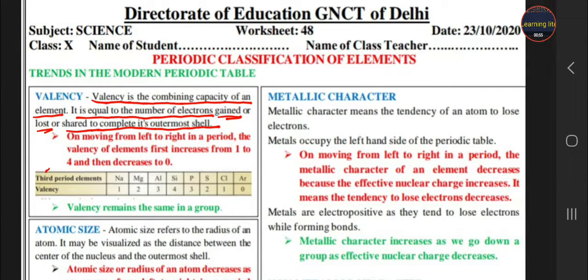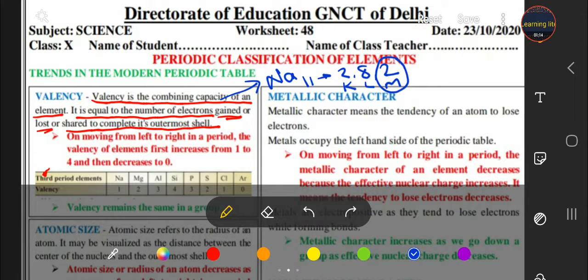For example, sodium. If we see the example, sodium has atomic number 11. If we distribute it, 2, 8, 2, the last shell has only 2 electrons. It means 2, 8, 1.